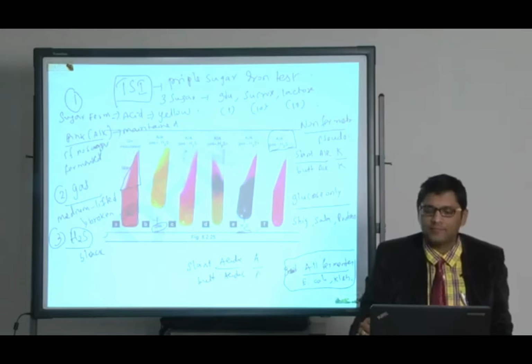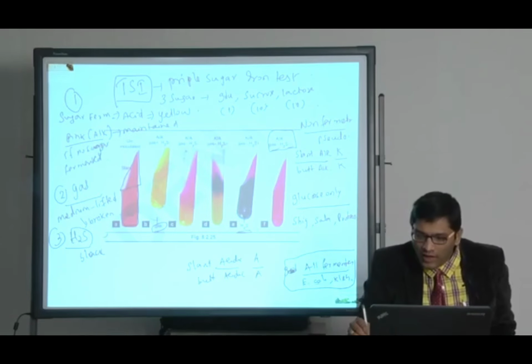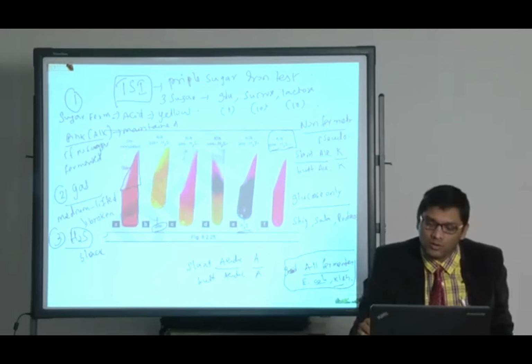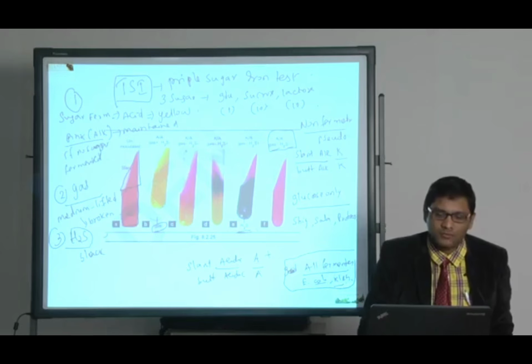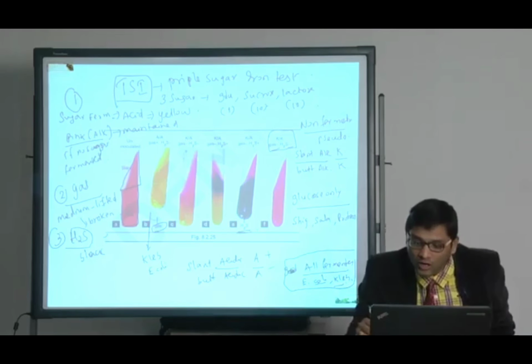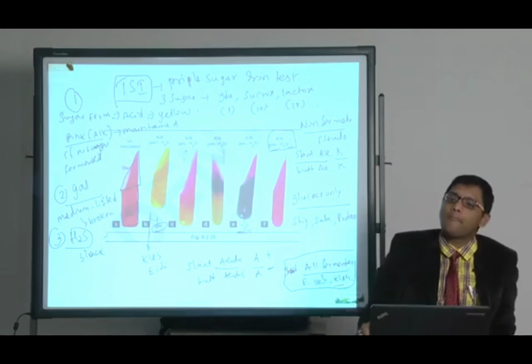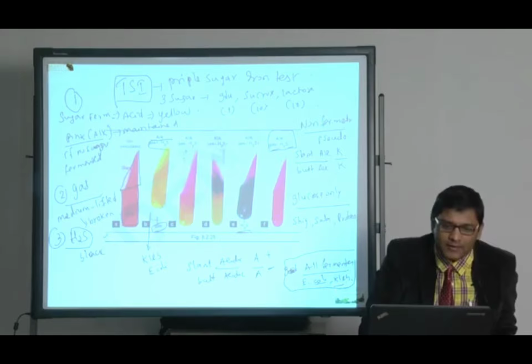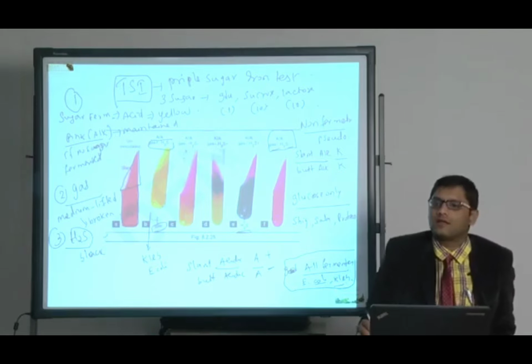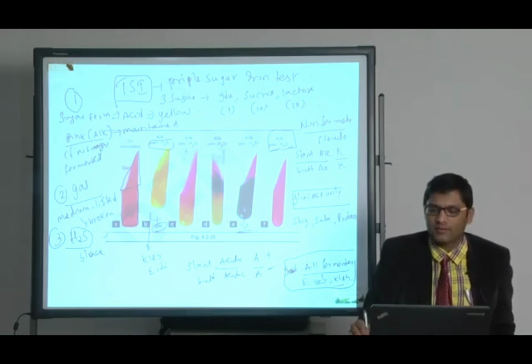So, it is A by A, and both E. coli and Klebsiella produce gas. So, B is the picture of both Klebsiella and E. coli. They are gas plus but H2S minus. Clear?